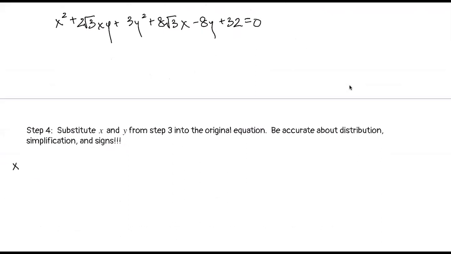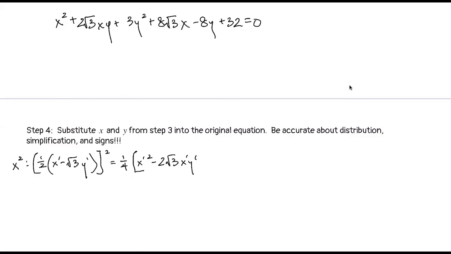So x squared is just my 1/2 times x prime minus root 3 y prime, squared. That gives me a coefficient of 1/4. When I FOIL what I have on the inside, I get x prime squared minus 2 root 3 x prime y prime, because I have minus 1 root 3, and the inner and outer each make one of those.